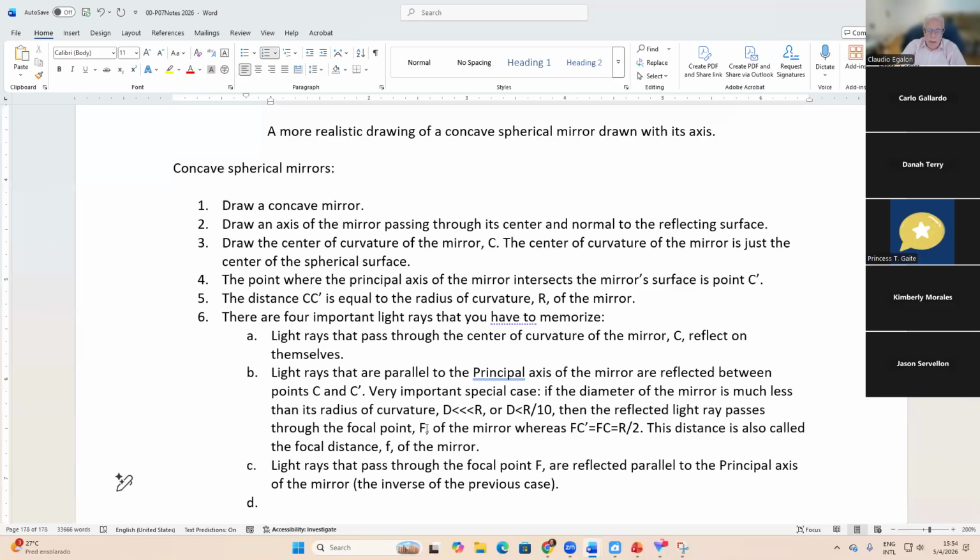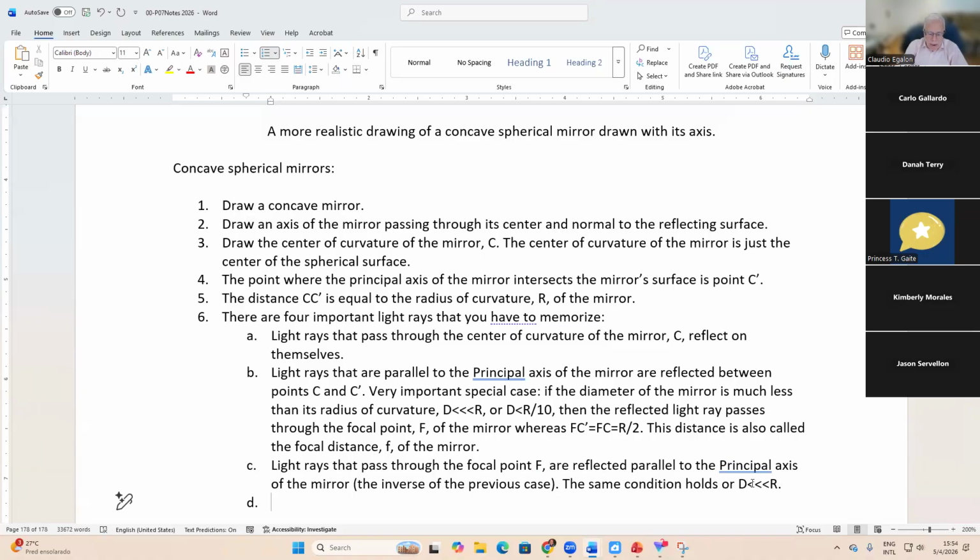By the way, the same condition holds: D must be much less than the radius of curvature of the mirror.